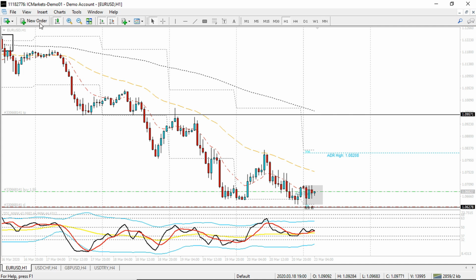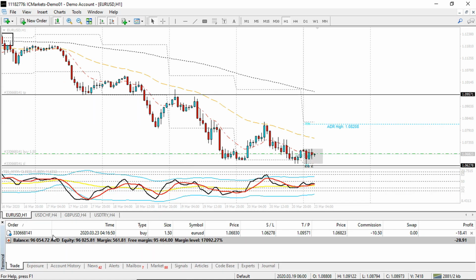So let's open our terminal to see if the trade is truly running. Once again you click on view terminal. So you see we have the trade. At this particular time, we placed a buy on EUR/USD using 1.50 lot size.